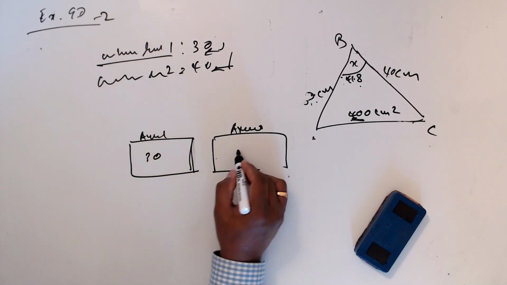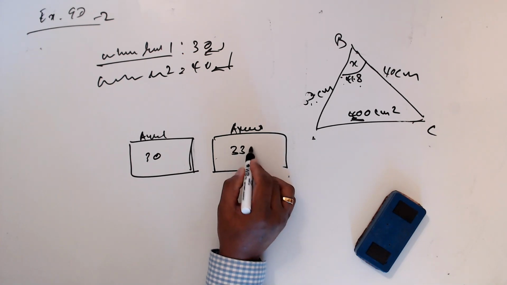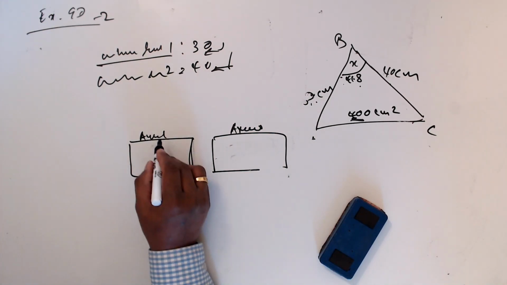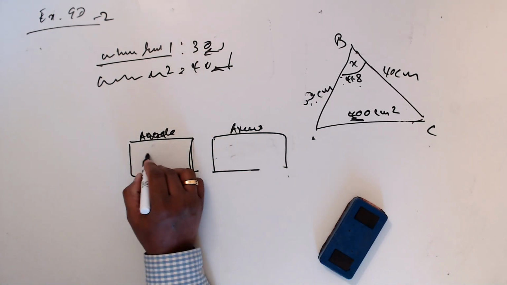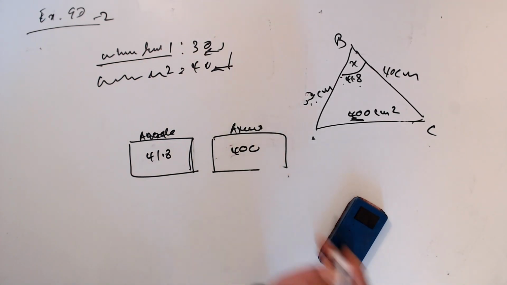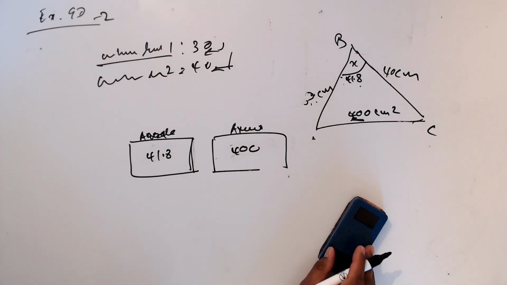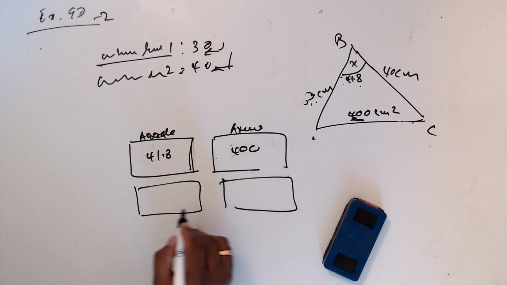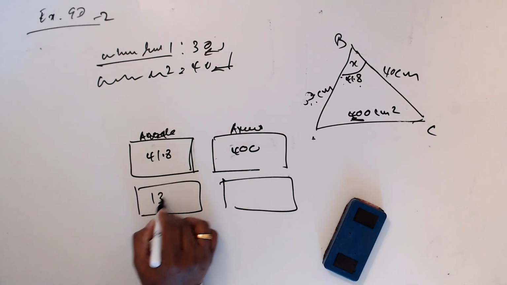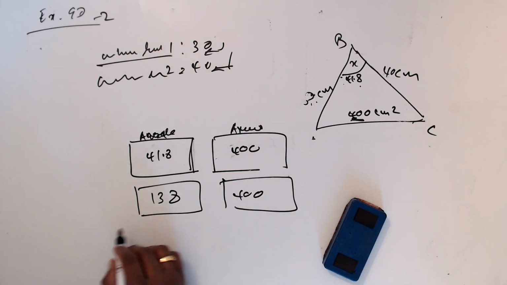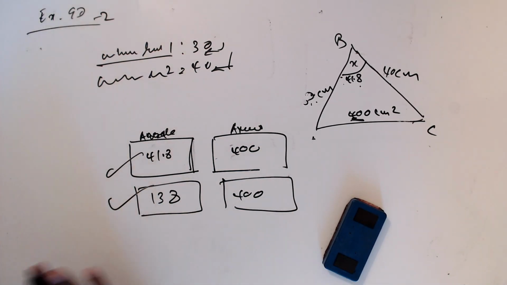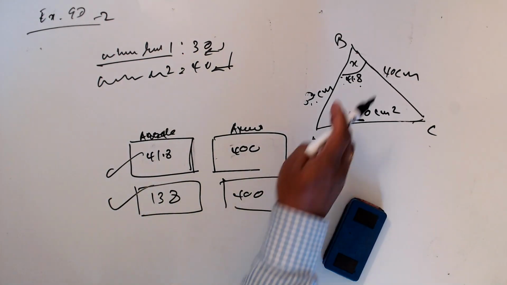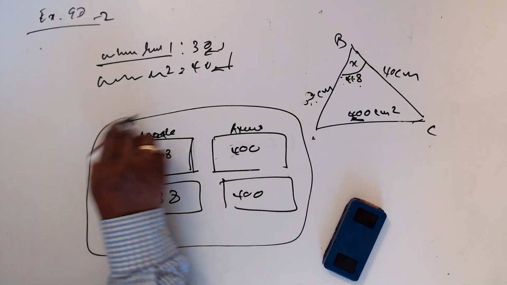When x equals 30, the area is a different answer, 334, something like that. And you will see suddenly that when the angle is 41.8, one reading is 400 area. And also you will see another reading when the angle is 138, again you get 400. So then you have two answers. If you make a machine from this to measure the area versus angle, this is the machine.